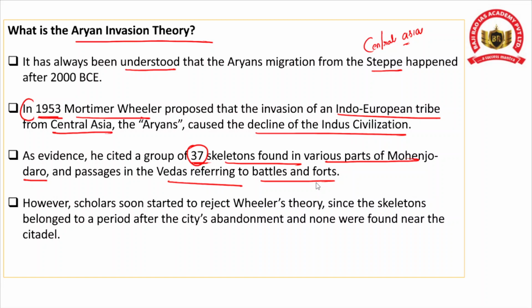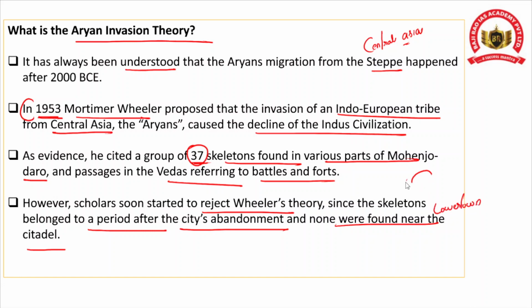However, soon after this hypothesis, several scholars came forward and rejected Wheeler's theory, because the skeletons belonged to a period after the city's abandonment, and none were found near the citadel. If you understand the Indus Valley civilization's town planning, there is a citadel and a lower town.